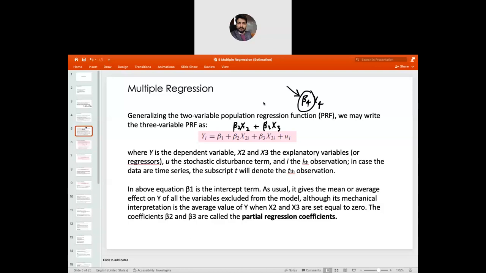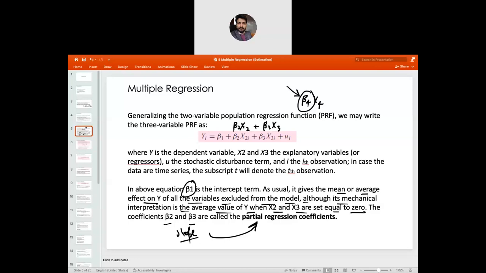Now these betas are called the partial regression coefficients. Both beta 2 and beta 3, the slope coefficients, are known as partial regression coefficients. Beta 1 is the intercept, and it simply gives the mean or average effect on y of all the variables excluded from the model, although its mechanical interpretation is the average value of y when x2 and x3 are set to 0.